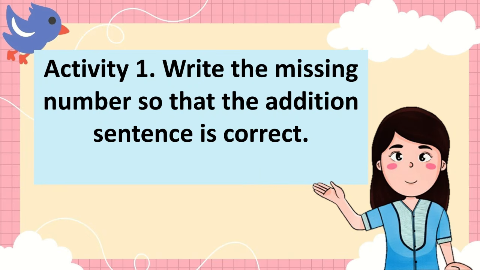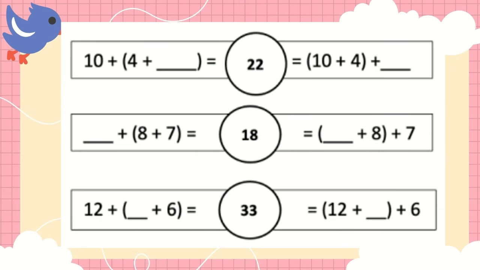For activity 1, write the missing number so that the addition sentence is correct. 10 plus (4 plus blank) equals 22, equals (10 plus 4) plus blank.